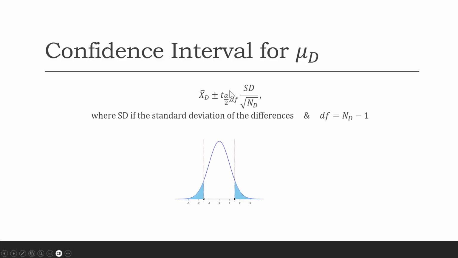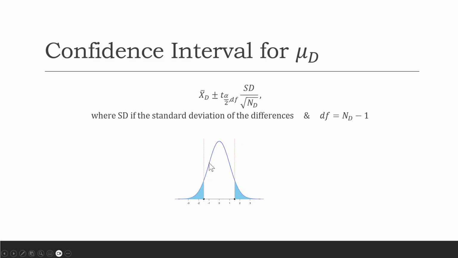Remember, this t comes from your confidence level. Most often in educational research, we use a 95% confidence interval. And so if I use a 95% confidence interval, that means if I do this confidence interval construction method over and over again, 95% of the confidence intervals should contain my population parameter mu sub d, right?